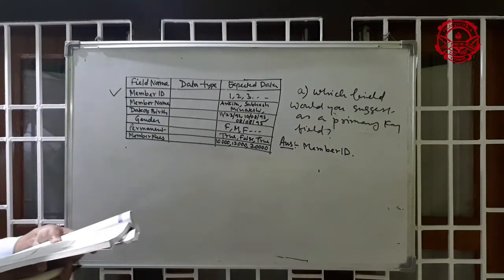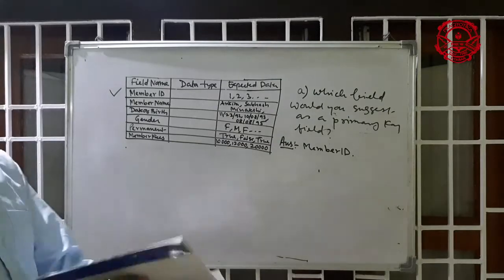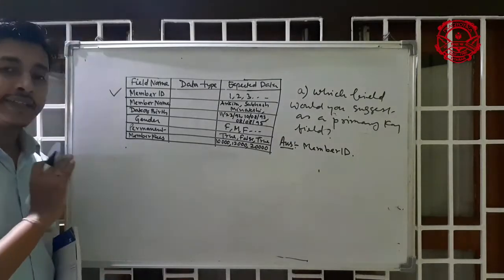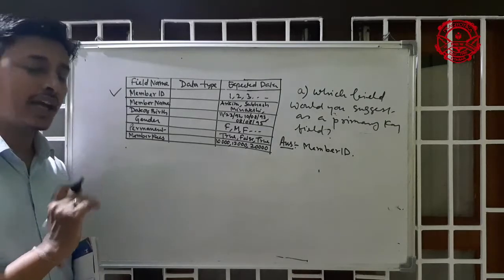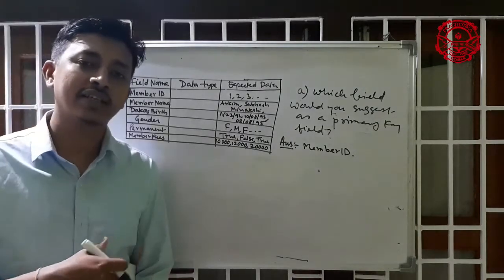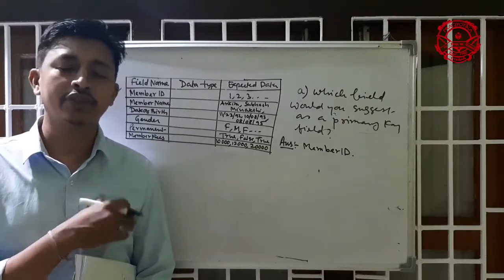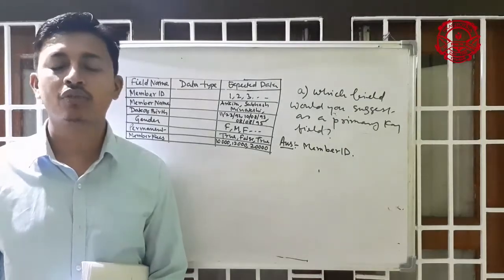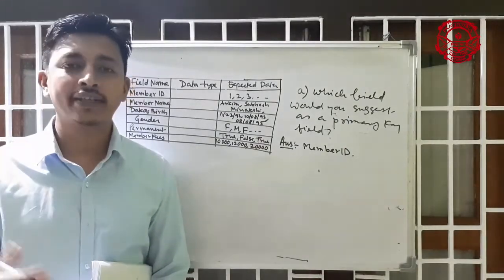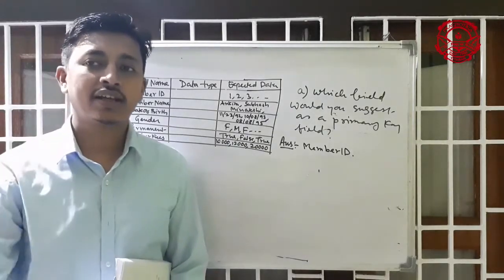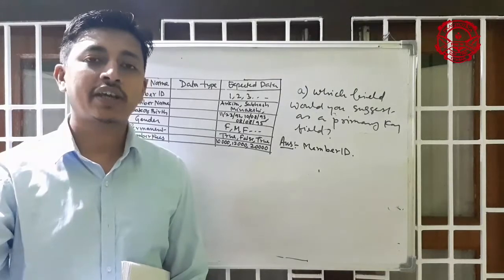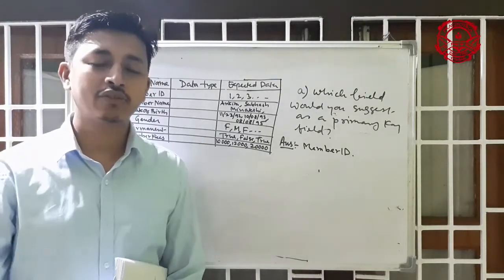Next question. Which view is used to enter data in the member table? I think I have already given this answer in my previous videos. Which view is used to create table, data types, table names. I think you understand.